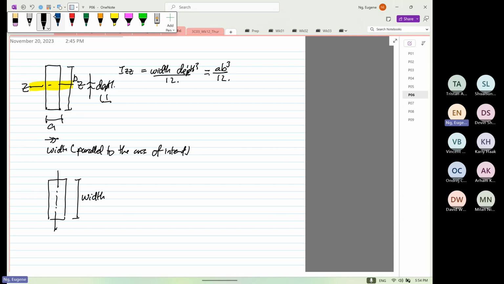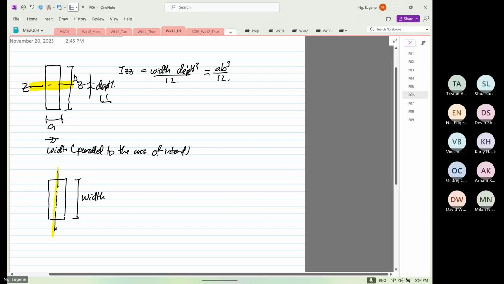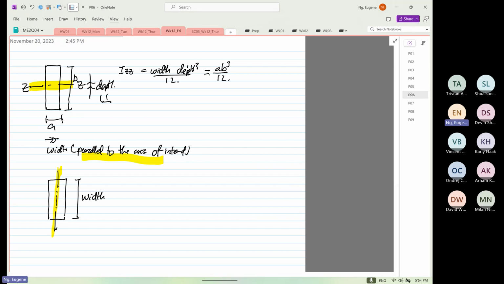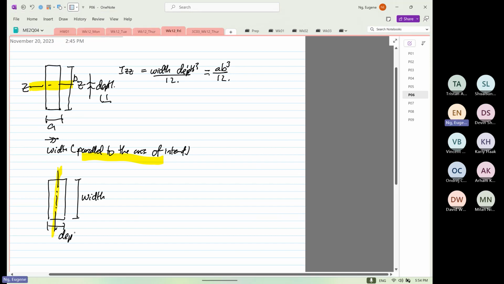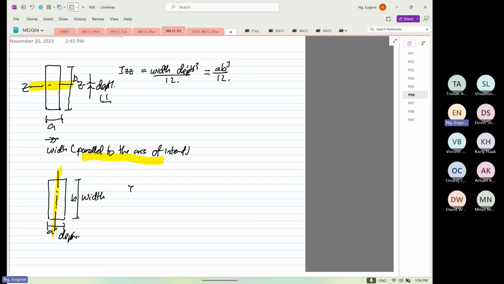Width, right? Because the rule still stands, the width is always parallel to the what? Axis of what? Interest. And then when that's the case, over here will be your depth. So this is still A and this is still B. So Iyy is equal to B A cubed over 12. That's it.